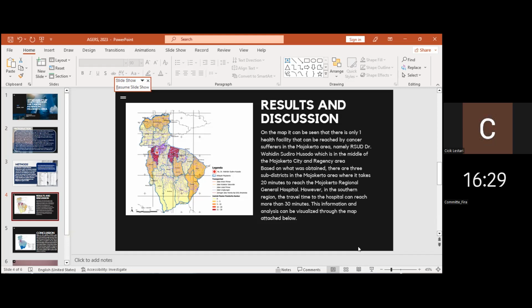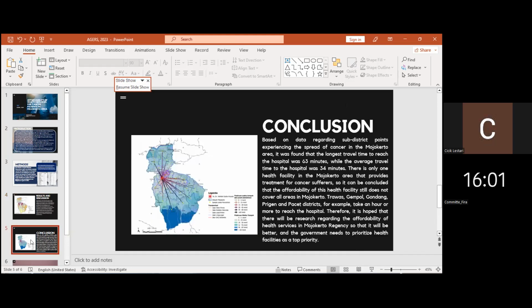There are three sub-districts in the Mojokerto area where it takes 20 minutes to reach the Mojokerto Regional General Hospital. However, in the southern region, the travel time to the hospital can reach more than 30 minutes. This information and analysis can be visualized through the map attached below.